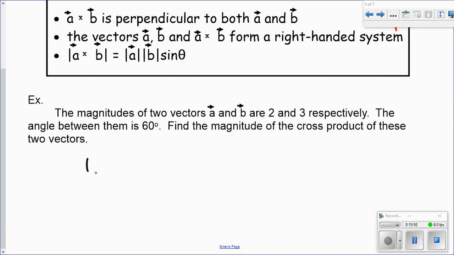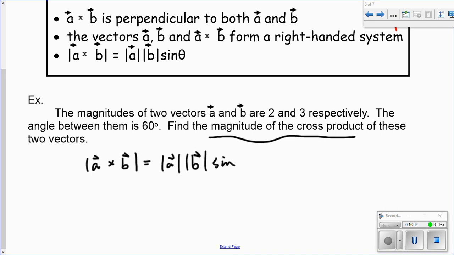So I want to find this. It says magnitude of the cross product. Now according to what I was just given, the magnitude of A is 2, the magnitude of B is 3, and I've got to do the sine of 60 degrees.